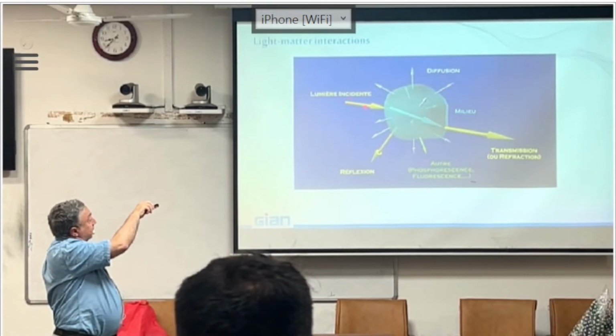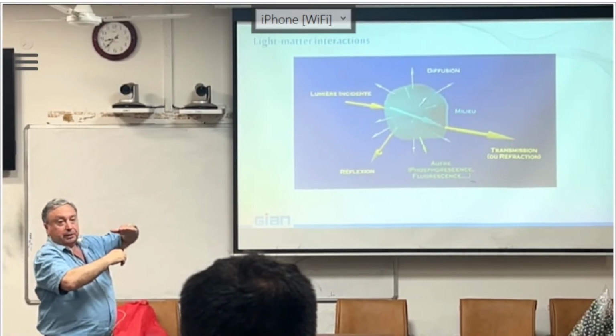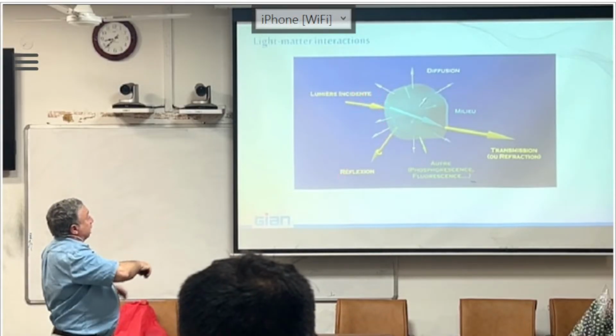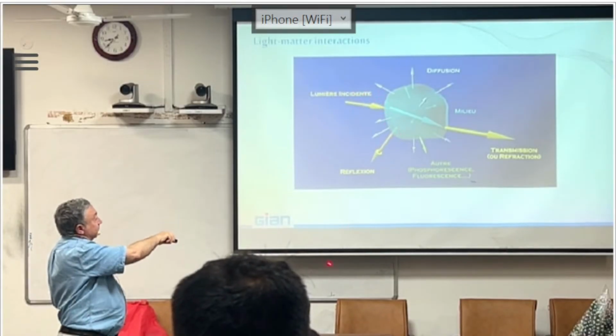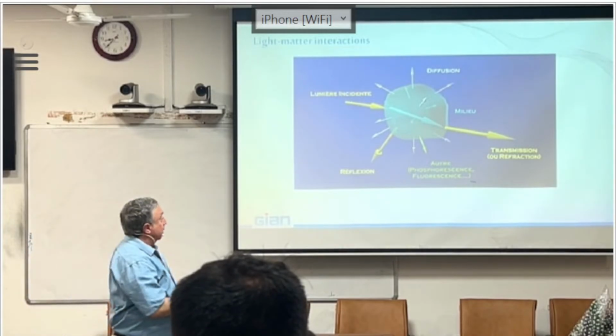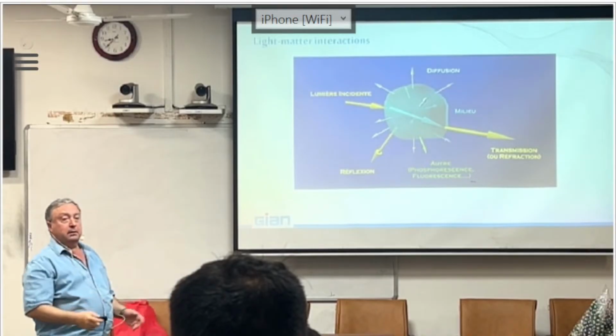The only thing is that it is always parallel to the incoming beam, but a little bit shifted. Then some radiation can be reflected, either in a given direction, like a mirror, or in a diffuse way, everywhere.